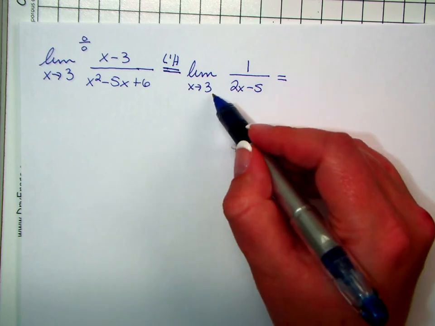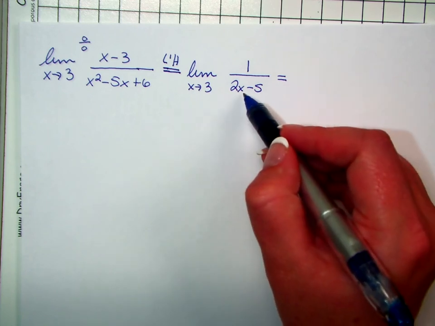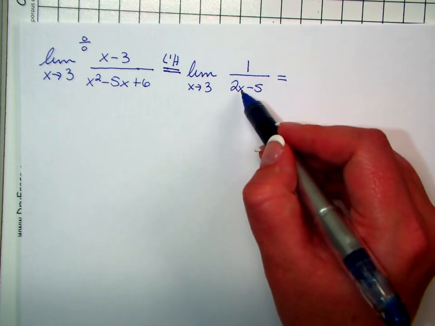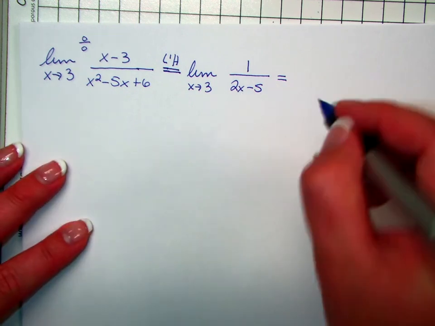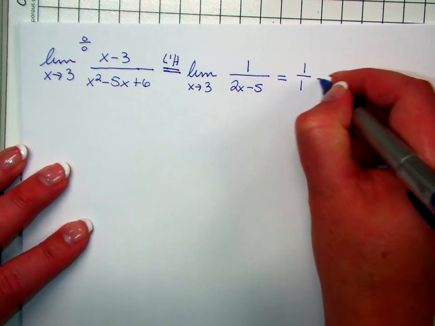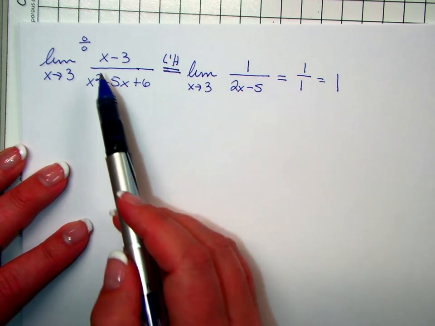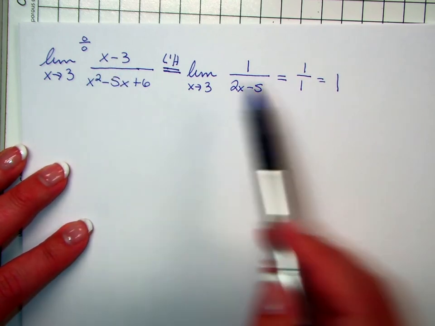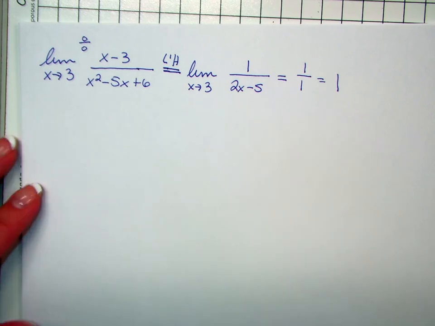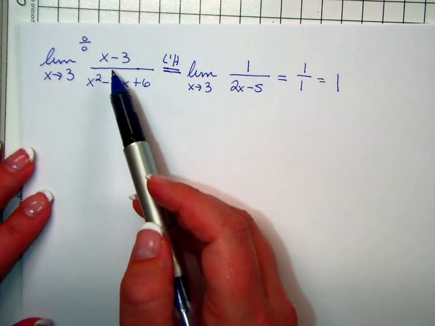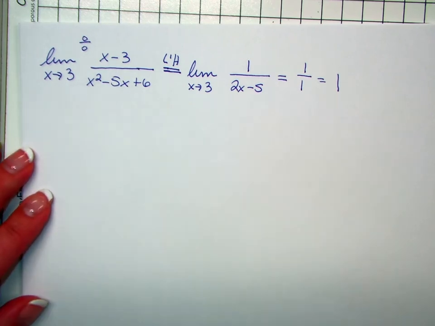So if I evaluate the bottom at 3, go ahead and plug 3 in, I get 6 minus 5 on the bottom, so I get 1 over 1, which is 1. Okay, so the limit of this function is 1. 0 over 0 in this case is 1, which means that both these functions are heading to 0 in a 1-to-1 ratio, right?